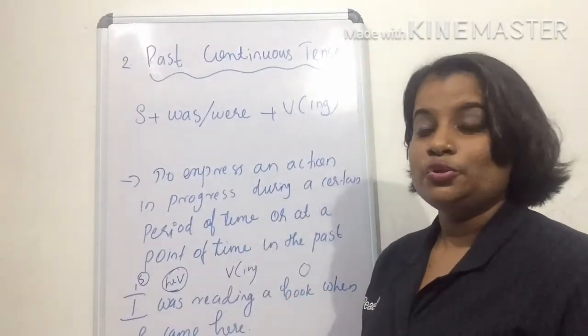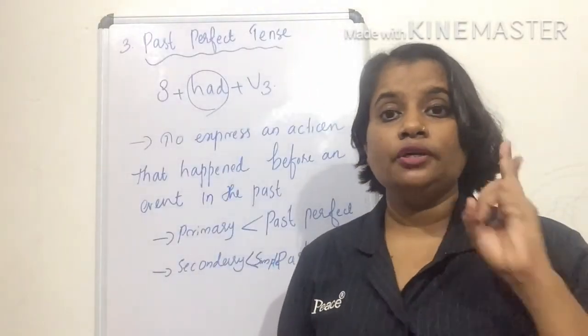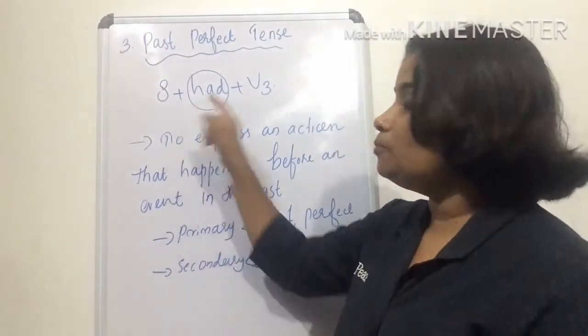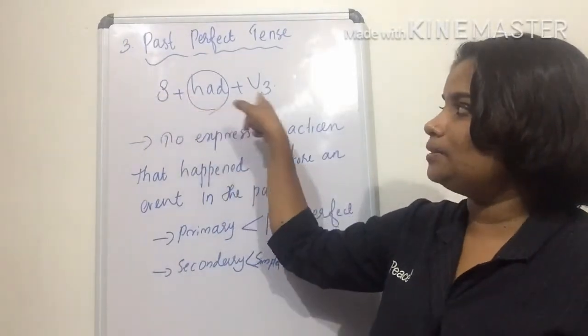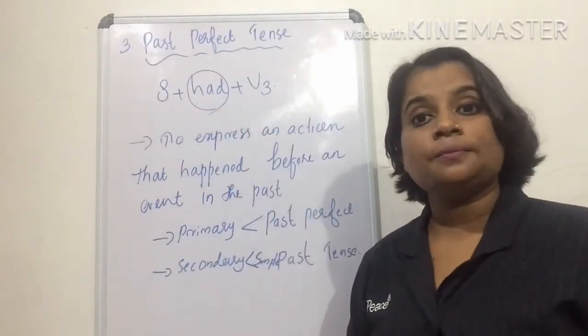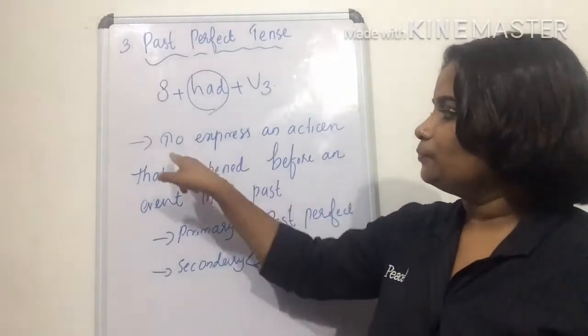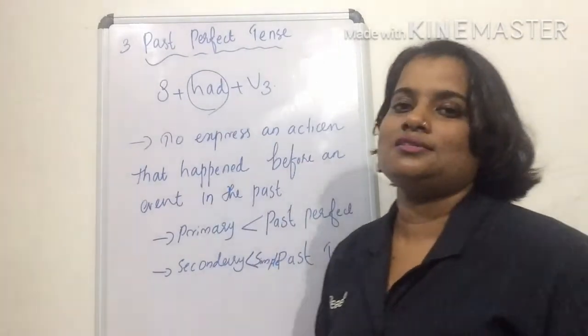So please note down the structure. Past perfect tense: we have two actions in this tense. Before that, let us check the structure of the statement, that is, subject plus had plus V3. V3 means the past participle form of the verb. Okay, so let us see the use. To express an action that happened before an event in the past.